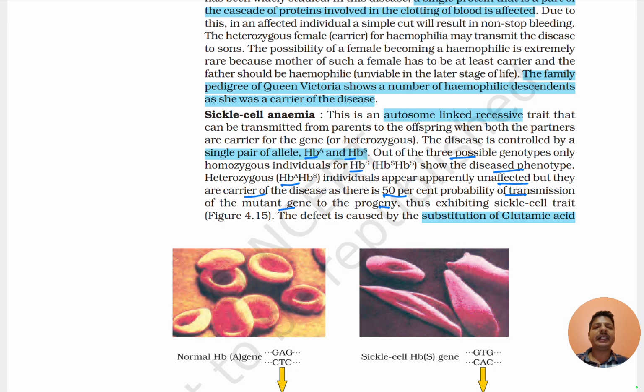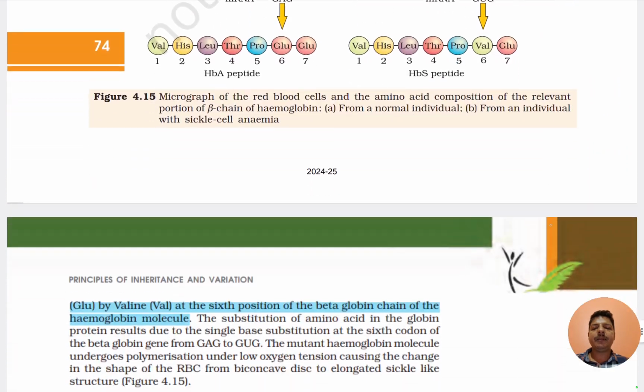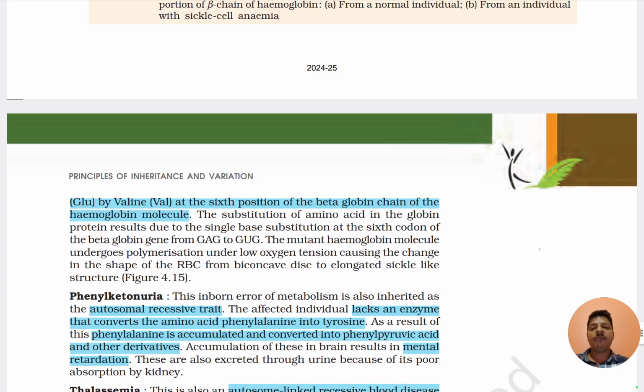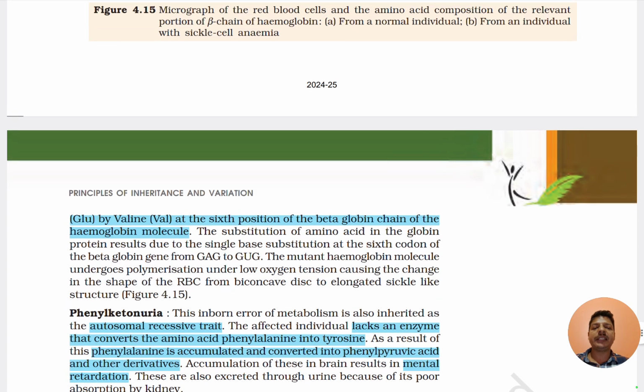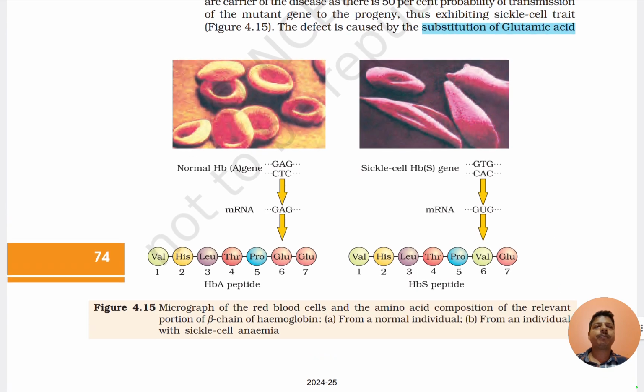Thus, they exhibit the sickle cell trait. The defect is caused by substitution of glutamic acid by valine at the 6th position of the beta globin chain of the hemoglobin molecule. See the diagram?